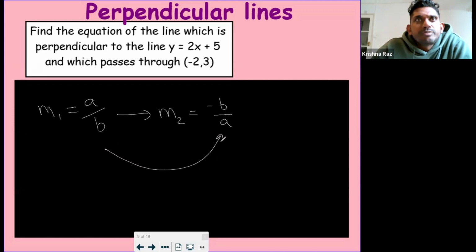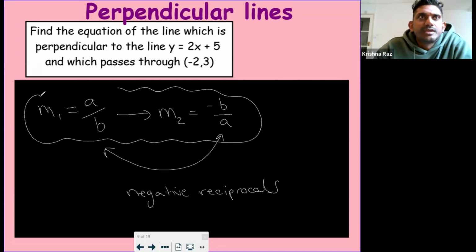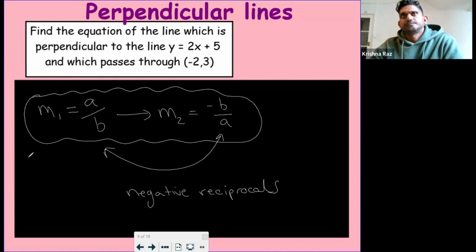So the gradients of perpendicular lines are negative reciprocals of one another. Yep, so jot that down if you didn't already know that.